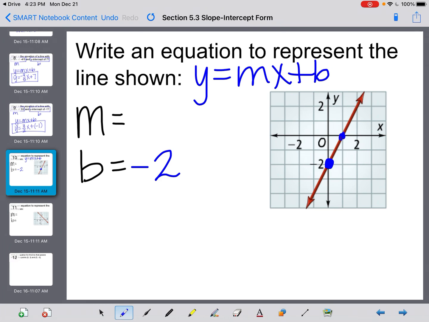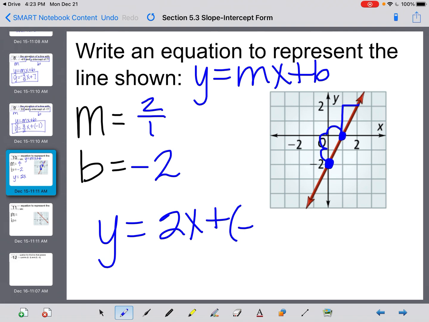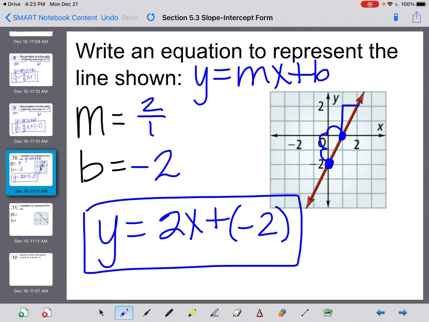With a graph, you can just find 2 points and count your rise over run. So rise is 2, run is 1. That means we're going to go up 2 over 1, and it will get us on the line every time. So now I should be able to write my equation. Y equals 2x plus a negative 2. That is the equation for that graph.